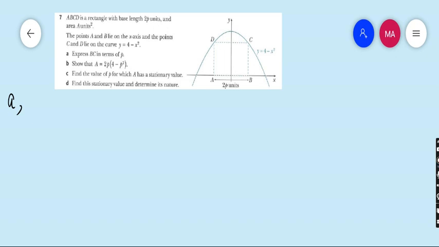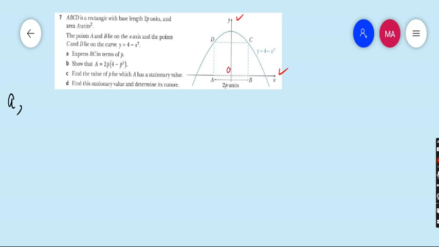Look carefully. This is the x-axis, this is the y-axis. The point where the two lines cut each other is called the origin. So this point is the origin.